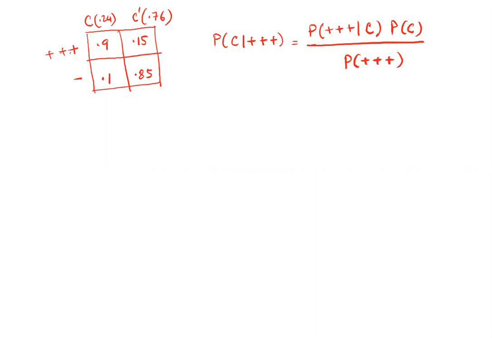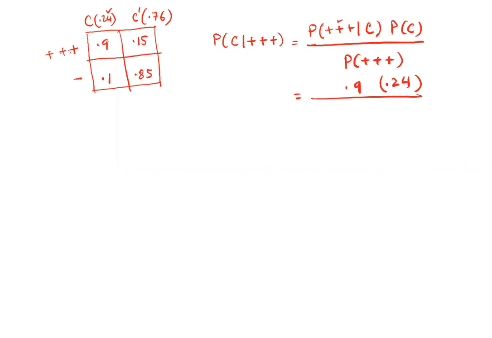And if you do the math, the probability of cancer now is 24% or 0.24. Testing positive the third time, given that the person has cancer, is 0.9.